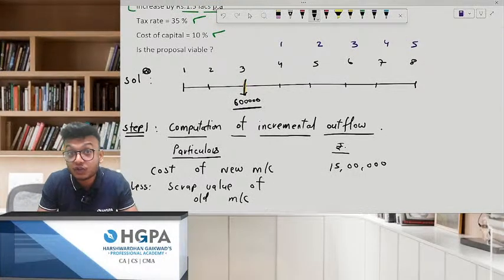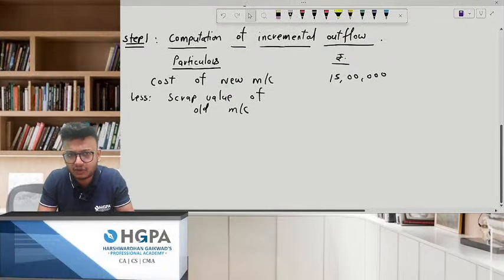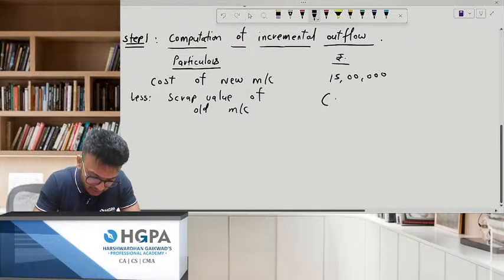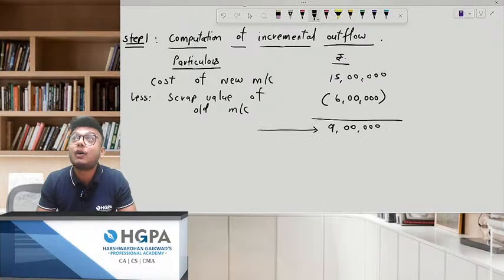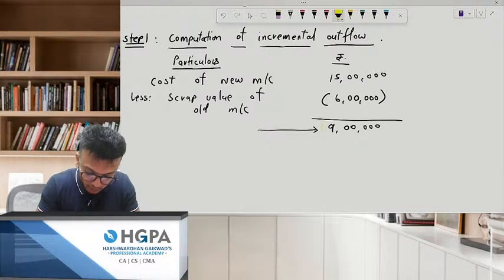This is the scrap value of the old machine. So what I'll reduce from here is 6 lakh rupees. I hope you understand this. How much will be your value? That is your net outflow. This is your net outflow: 9 lakh rupees. I hope you have got 9 lakh rupees.